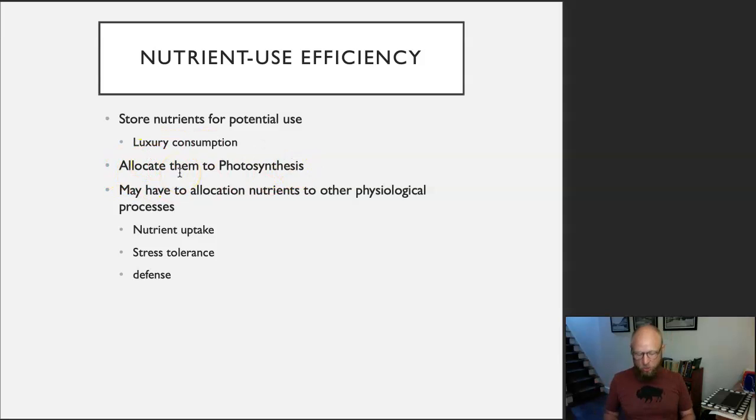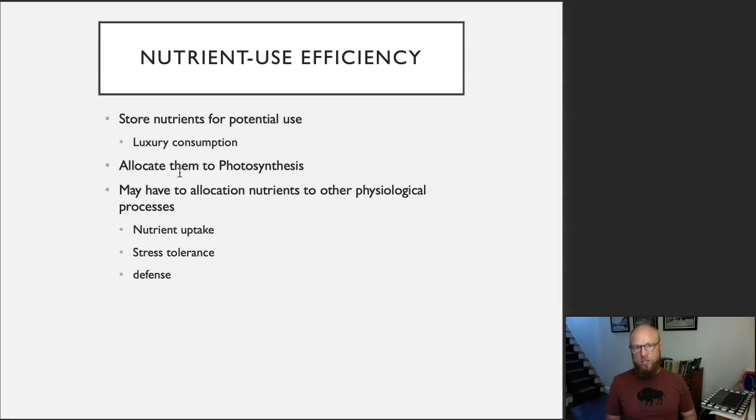Another way you could use the nitrogen is allocating it for photosynthesis, primarily rubisco. So if a plant takes all of its nitrogen, or the vast majority of it, and puts it towards rubisco, that plant's probably going to photosynthesize really fast. But there are other physiological processes a plant might need to allocate the nitrogen for. Actually taking up nutrients requires nitrogen. Stressful conditions tend to use lots of nitrogen.